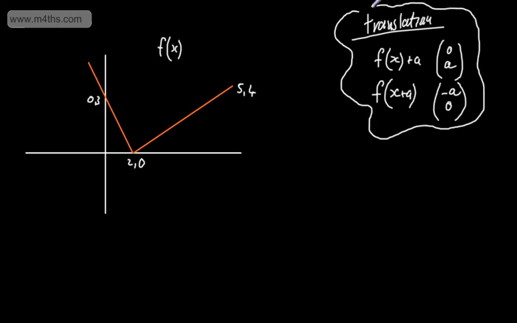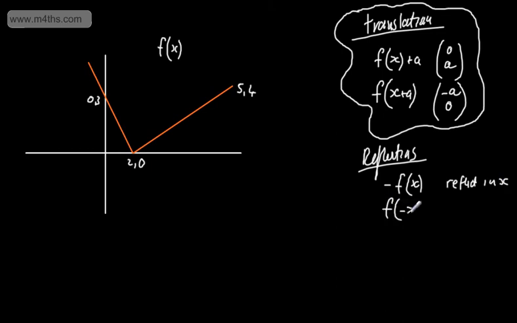So these are translations. If we now look at reflections, we have two different types. We have minus f of x, which is a reflection in the x-axis, and then we have f of minus x, which is a reflection in the y-axis. Again, if it's on the outside, we're affecting the y coordinates.